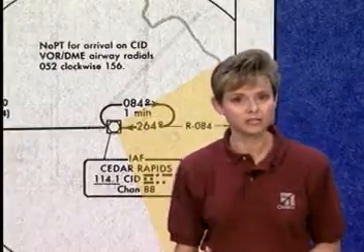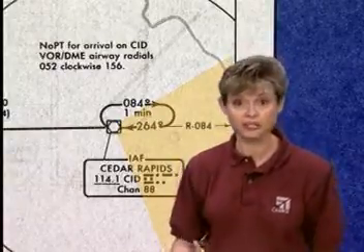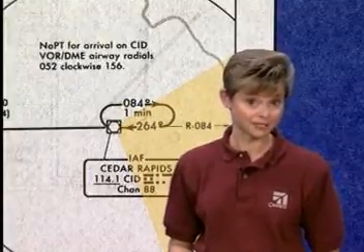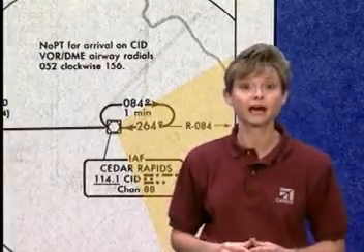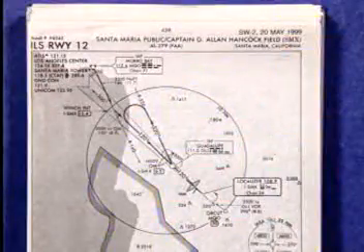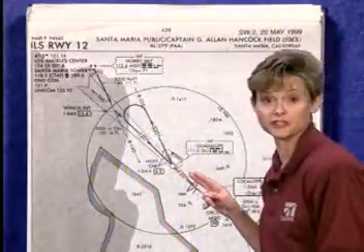Now, if you're approaching from the east, the controller would not expect you to fly the holding pattern. So if you need the holding pattern to descend to the approach altitude, you need to get ATC's approval ahead of time. If you arrive at Cedar Rapids from any other direction, you will have to fly the holding pattern course reversal.